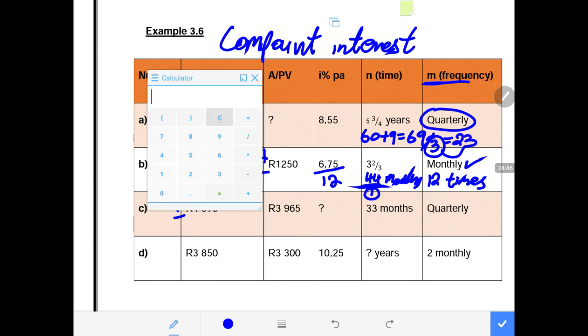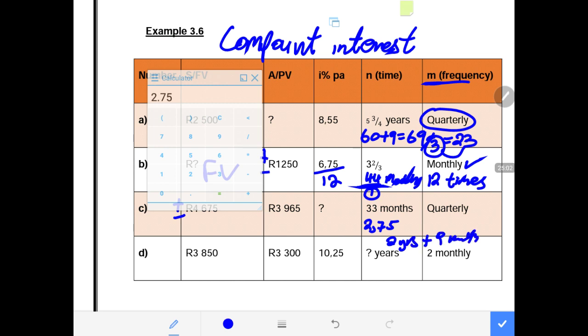We have our n in the number of months now, 33. Remember that 33, we can say 33 divided by 12, so that we get to see how many years. This will be 2.75 years. And we know that this is 2 years plus 9 months already.